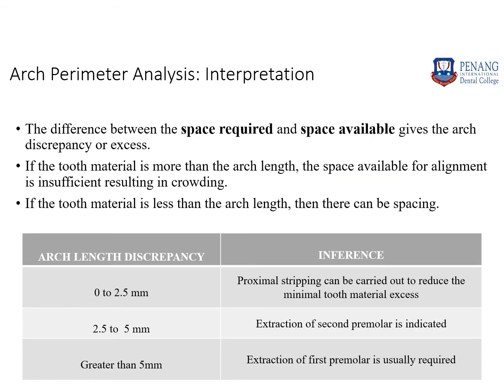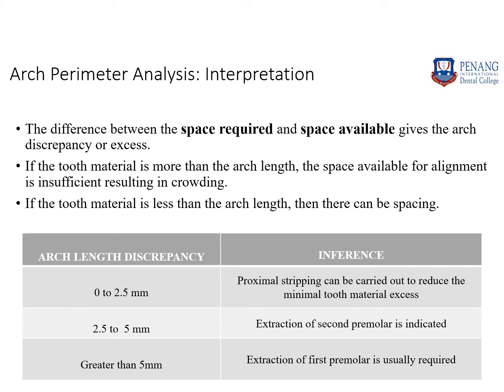So how do you interpret the arch perimeter analysis? After you have calculated the amount of space available and also the amount of space required, if you find the difference between these two measures, you will be able to know if there is a deficiency in space or there is excess of space.